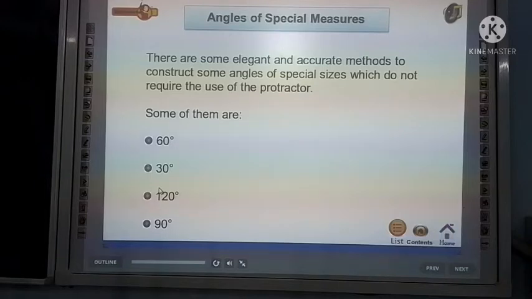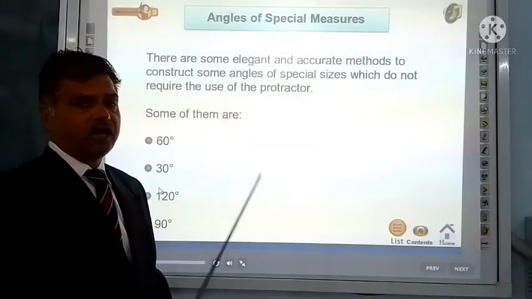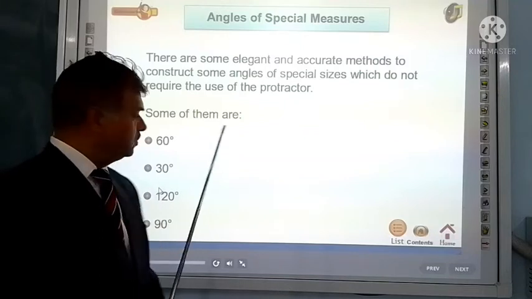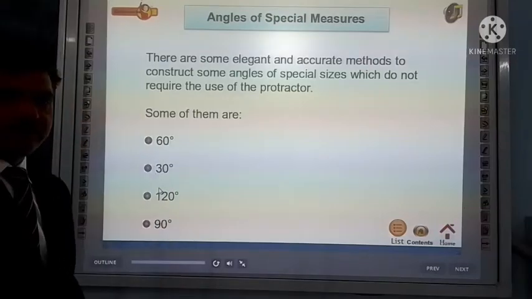We will construct these angles one by one. Let's watch the animation to understand the construction of an angle of 60 degrees. These angles are multiples of 15 degrees, so we can draw these angles by compass.